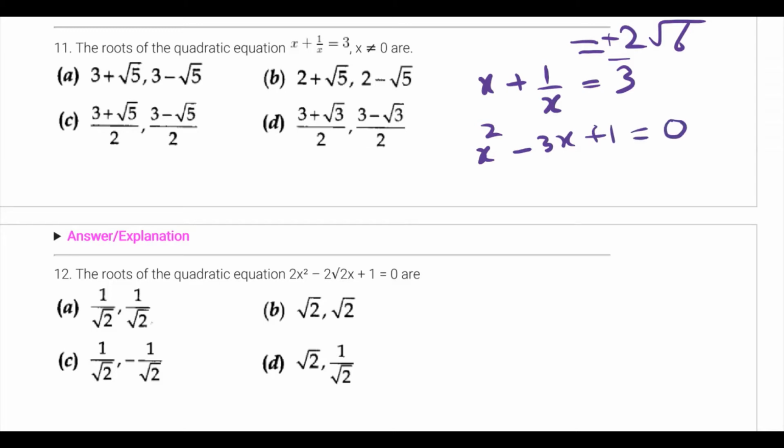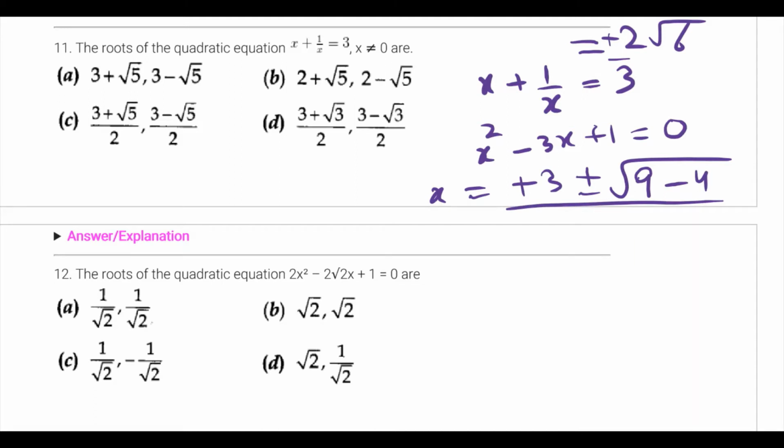Applying the quadratic formula, -b is +3 plus or minus root of b², which is 9, minus 4 × 1 × 1, over 2a, which is 2. So it gives (3 ± √5)/2. So 3 + √5 and 3 - √5 over 2. Option C.